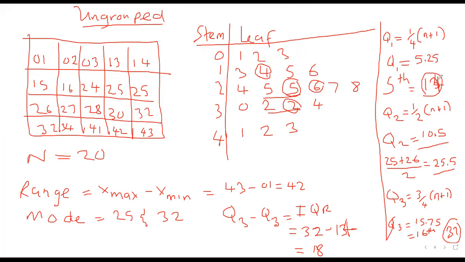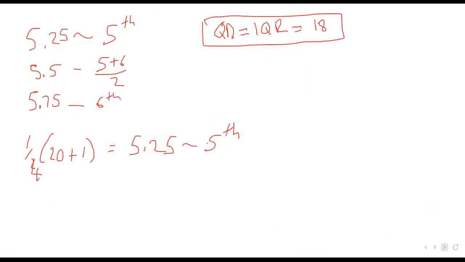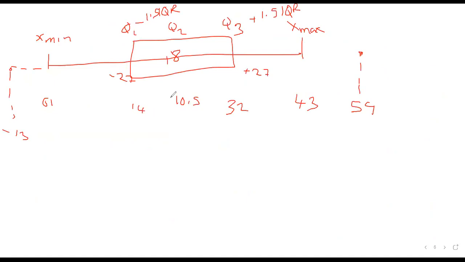We have the lower quartile 14, the median 25.5, and the upper quartile 32. Thanks for that. Are we together? Yes, we are. So this was a position, but this is 25.5.